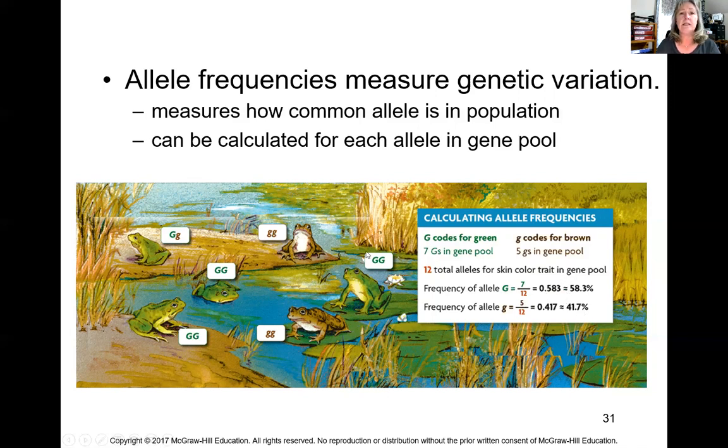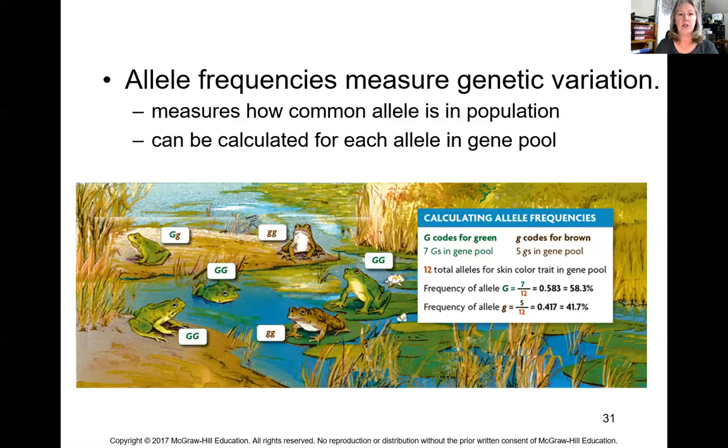But let's say there are environmental pressures, and let's say you go through a drought and this nice green grass dies because there's very little water and there's not as much camouflage for the green ones. And so maybe your recessive brown frogs are less noticed by predators.